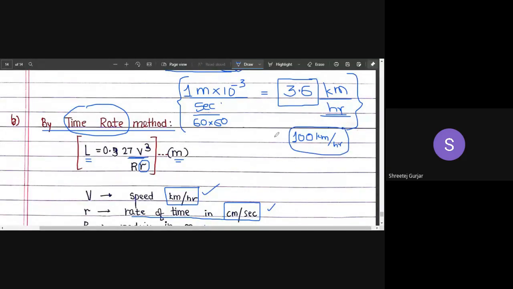Now convert this velocity to meter per second and tell me. It will be smaller than 100, the numerical value I'm talking about. What is the answer?